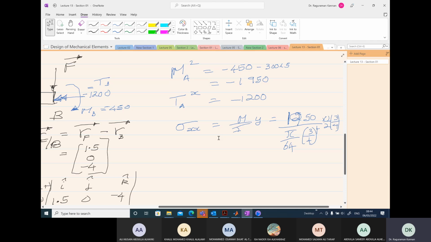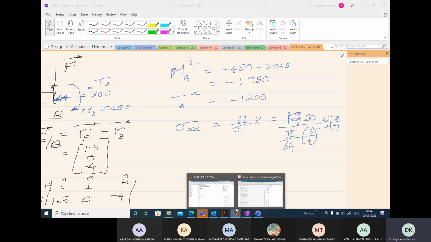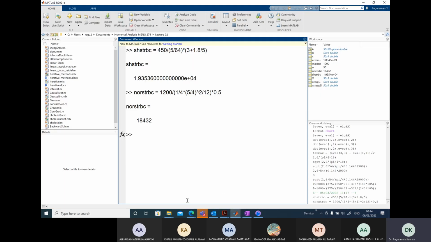So now we can calculate sigma xx for AB.